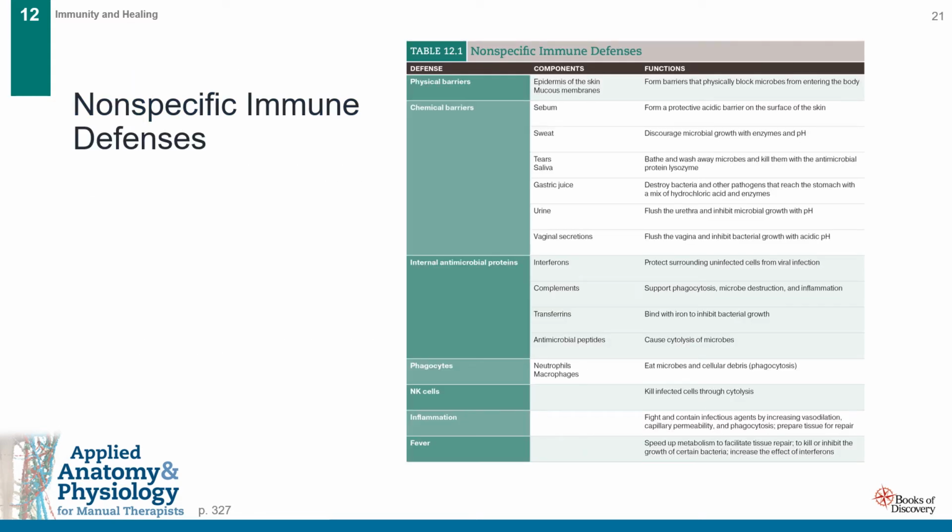Table 12.1 illustrates the nonspecific immune defenses. The first defense is the physical barriers, the components of which are the epidermis of the skin and mucous membranes. It functions to form barriers that physically block microbes from entering the body.